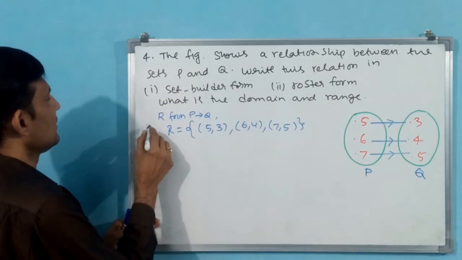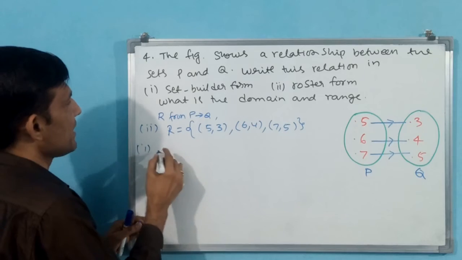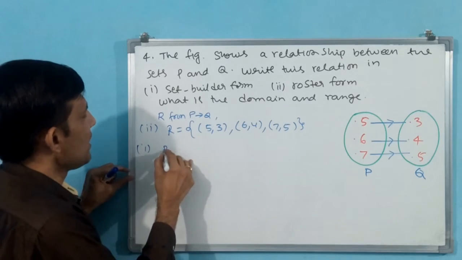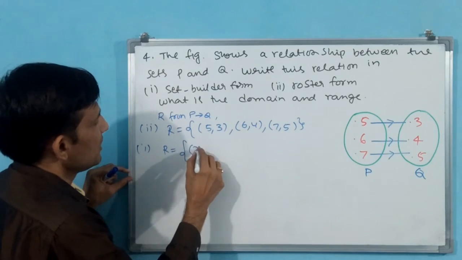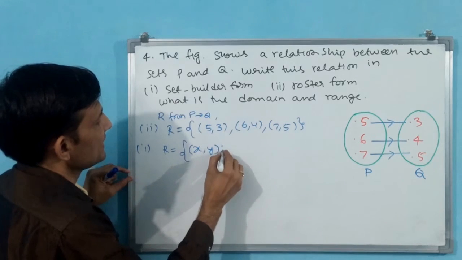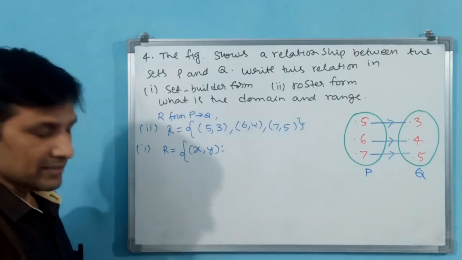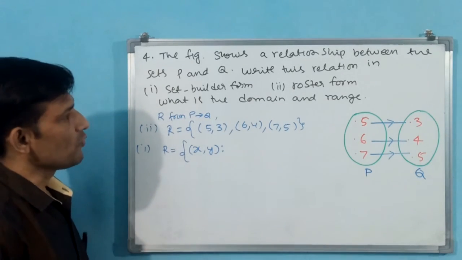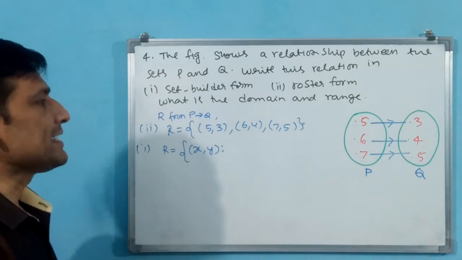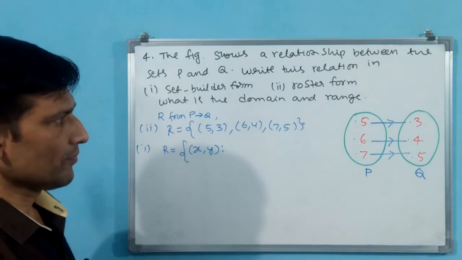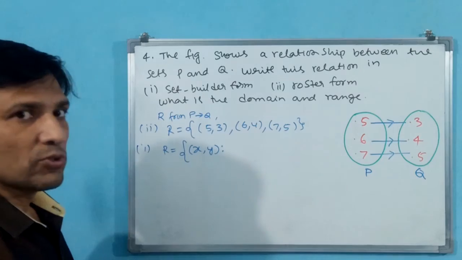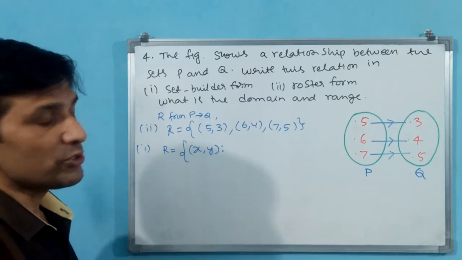Second one, now I am writing set builder form. R is equal to the set of all values of (x, y). Now observe what is the relation between these two. x is equal to y plus 2.